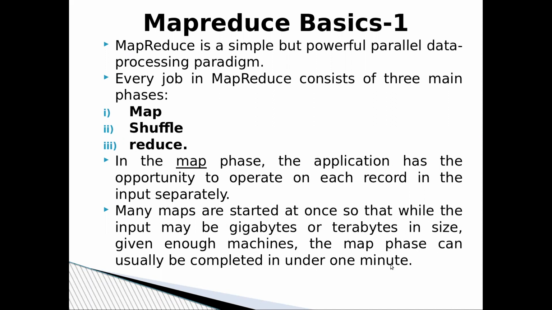So if we have say 1,000 records, then we should be having 1,000 mappers. If you have 1,000,000 records, then a million mappers. Okay, but given the number of machines that we have in our cluster, the larger the number of machines, even a big map phase can usually be completed in under 1 minute.